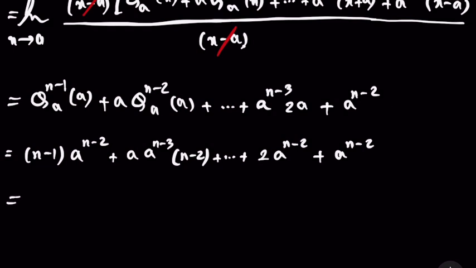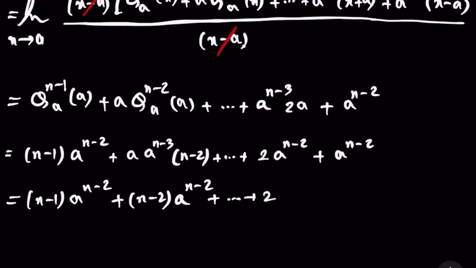If you just simplify, it's going to be n minus 1 a to the power of n minus 2, plus n minus 2 a to the power of n minus 2, plus 2a to the power of n minus 2, plus a to the power of n minus 2.